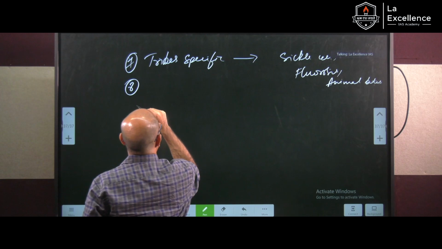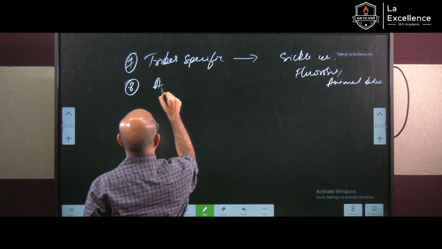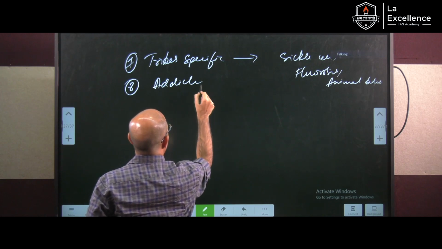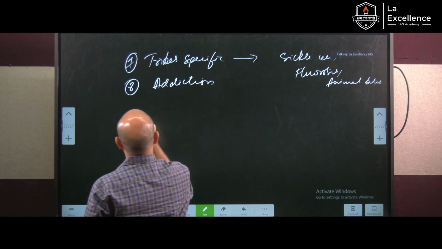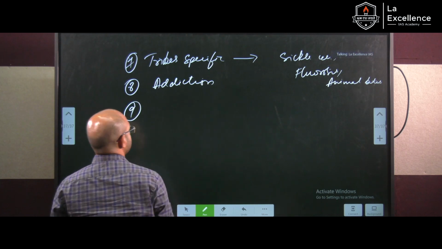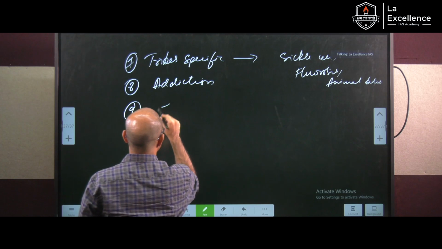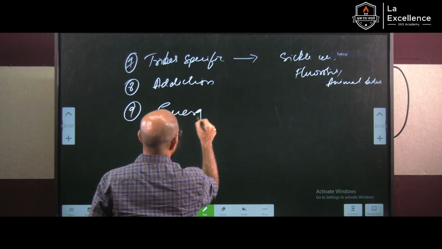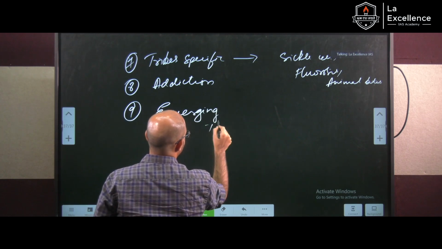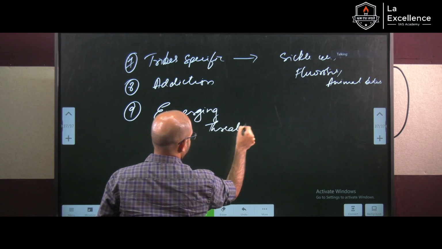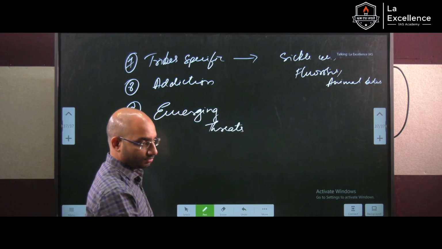Then we also are seeing addiction to alcohol, tobacco, drugs recently, and emerging threats. What are emerging threats? Climate change, pollution.